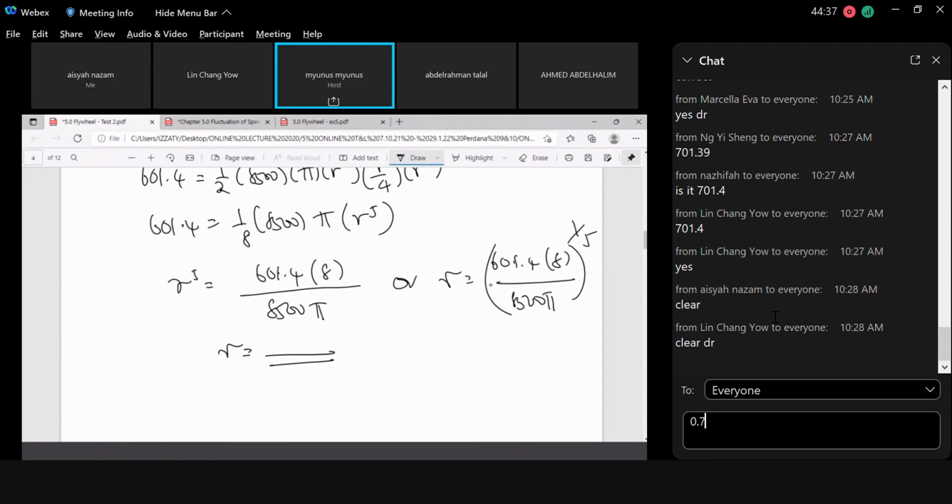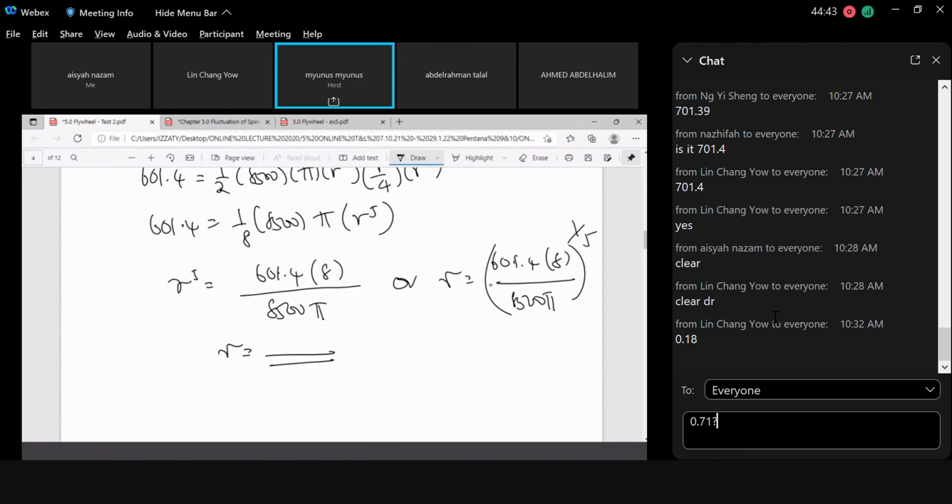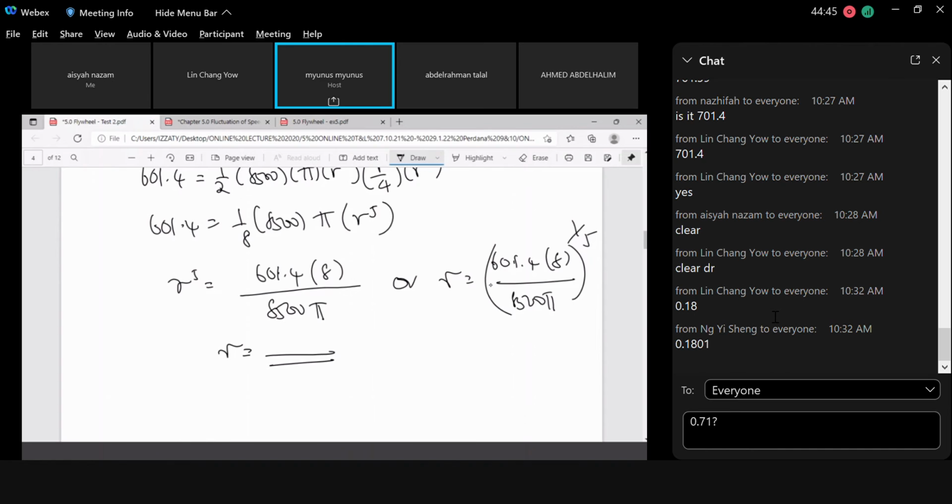We have such a complex calculator, you can just punch it in, take the 1 upon 4 power. You get 0.1801 meters, or you can also multiply by 1000, so you are getting about 180 millimeters radius.